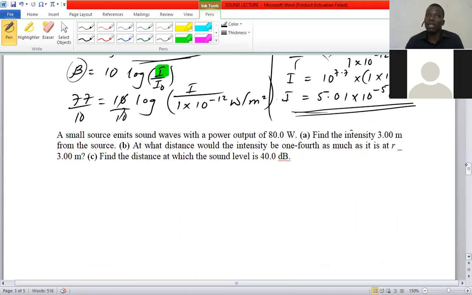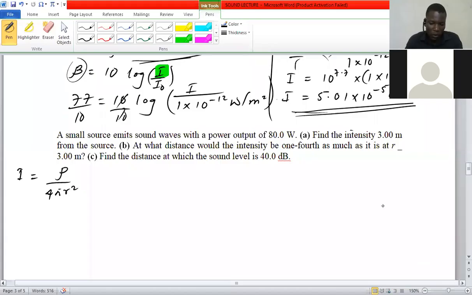The energy generated from the source is the same as you go around the different wave fronts. So we said intensity is the power over the surface area, which is 4 pi r squared.